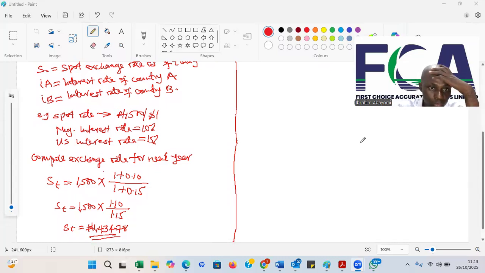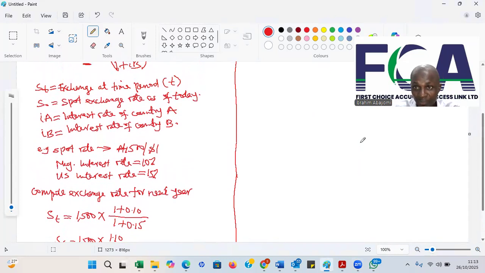Okay, so that is the interest rate parity theory. A variant of that theory is purchasing power parity theory.